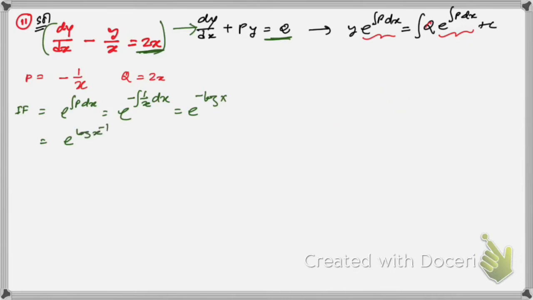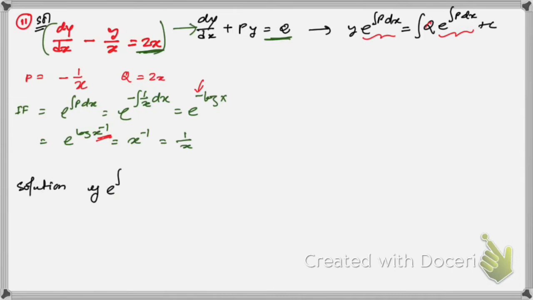So as we have a minus sign here, it can be taken as log x to the power minus 1, because you know n log m can be written as log m to the power n, right? So we have used that logic. So then what you get here is x to the power minus 1, which is 1 by x.